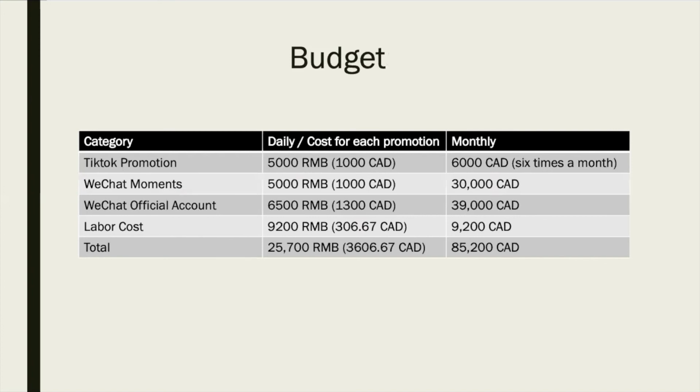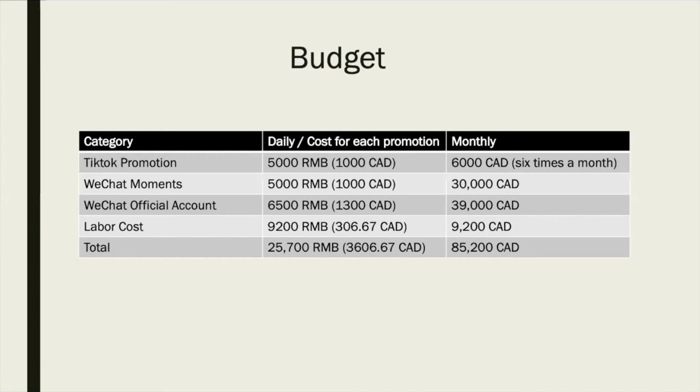This is a rough budget chart that we have for our campaign. First is TikTok promotion. TikTok is unlike WeChat Moments and WeChat official account. It is not CPC or CPM.